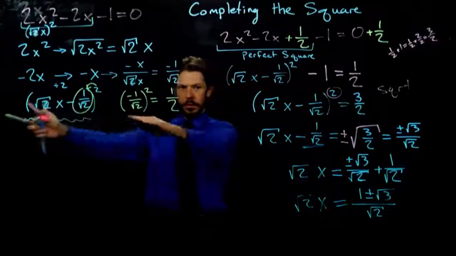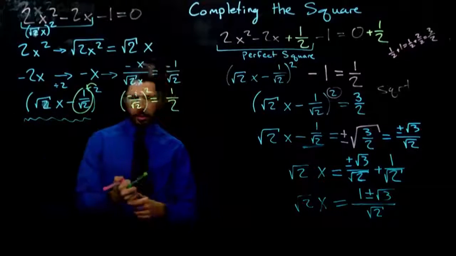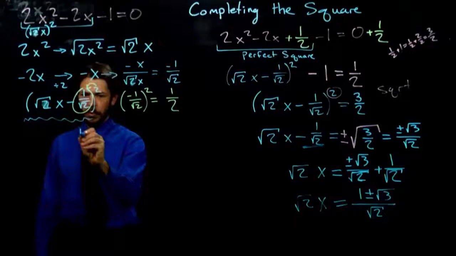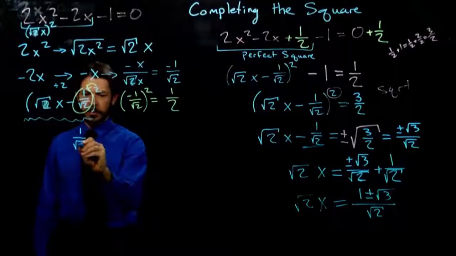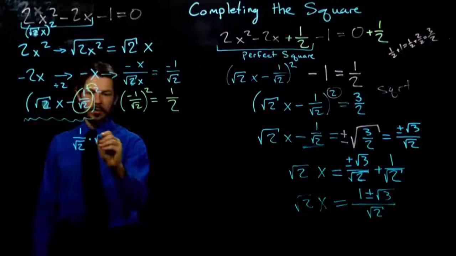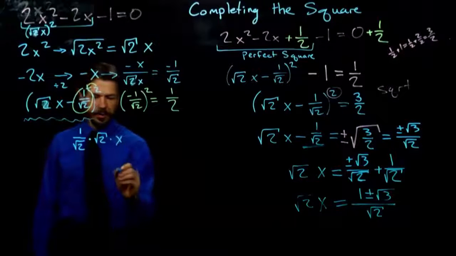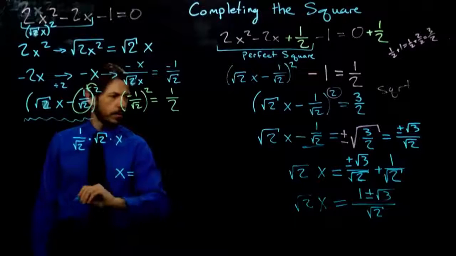So let's, well, here's space. Let's do 1 over the square root of 2 times the square root of 2 times x. That's going to give us just x.